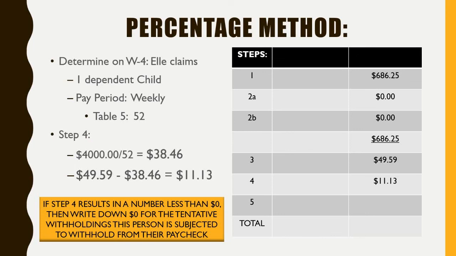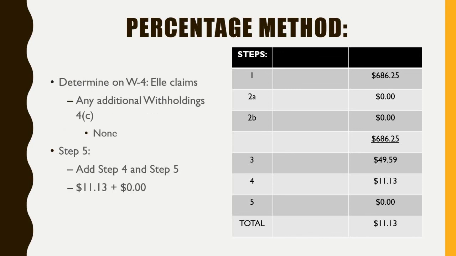So that's your federal, and that's the last thing right there. In this case, that says how much federal income tax withholding you have as the result of calculating $11.13.